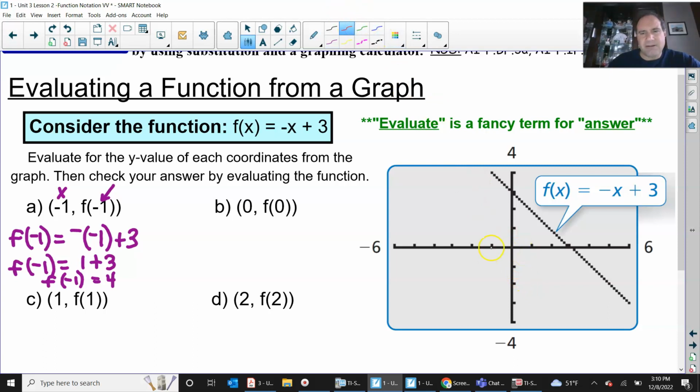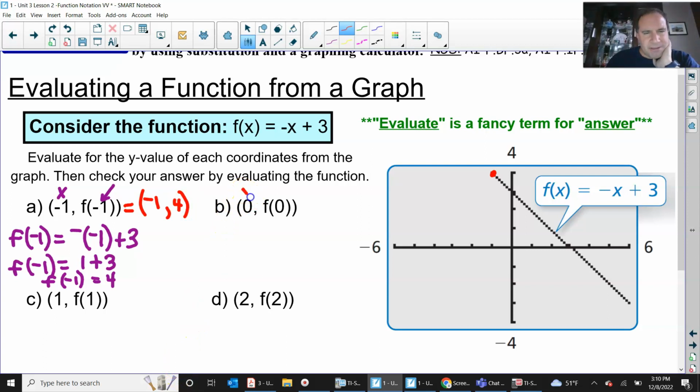When x is -1, y is 4. There it is right up there. So when x is -1, the y, the output, is 4. So you could put -1, 4. That is a point on that line.